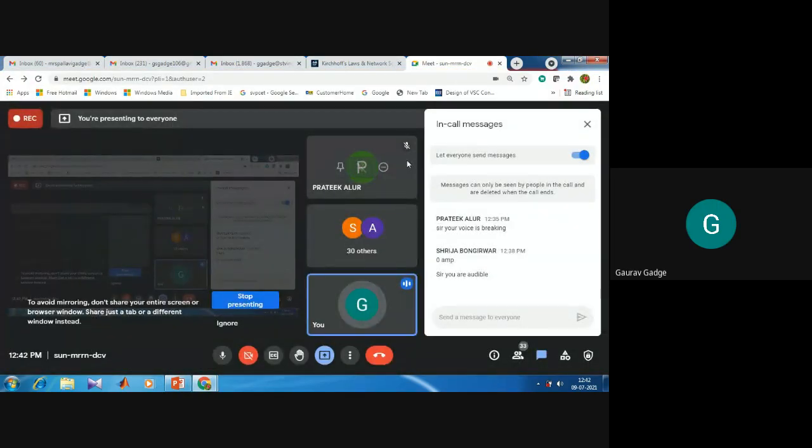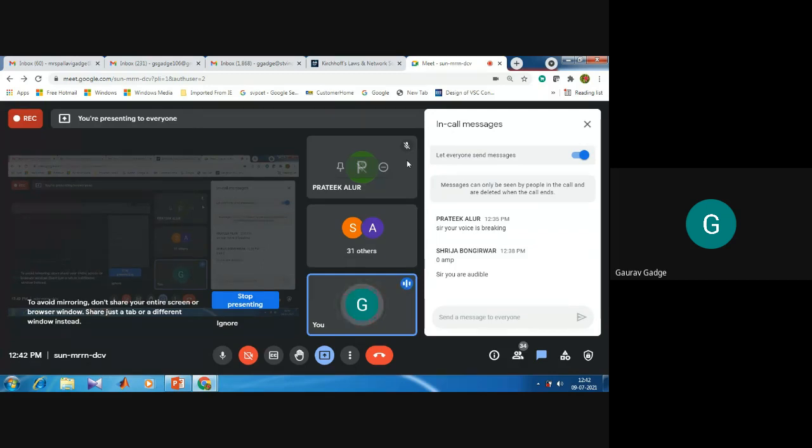Okay, fine. And now I have reduced that presentation window. So if you want to write down the value of that source current, please write it down in the chat box. What should be the value of source current?